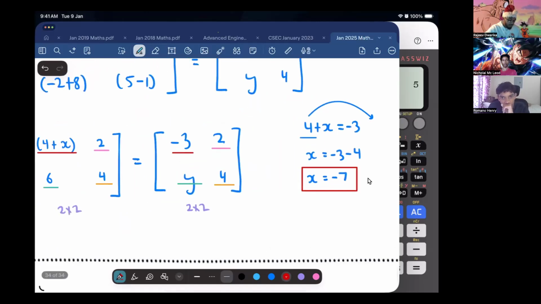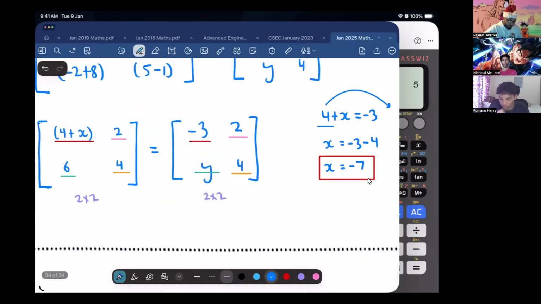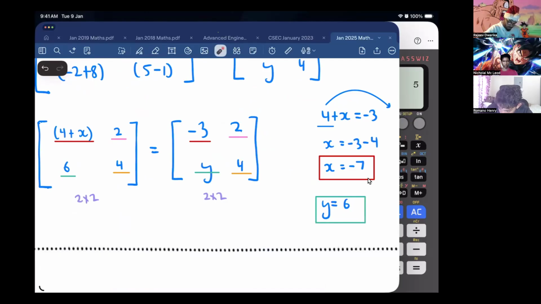And additionally, what would y be equal to? 6. Was that hard or easy? Y is equal to 6. It was easy. And if you're confused, check this out. If you are confused, look at this carefully.